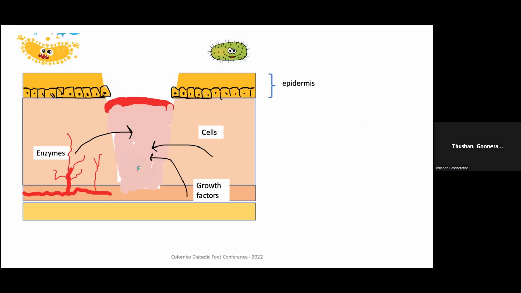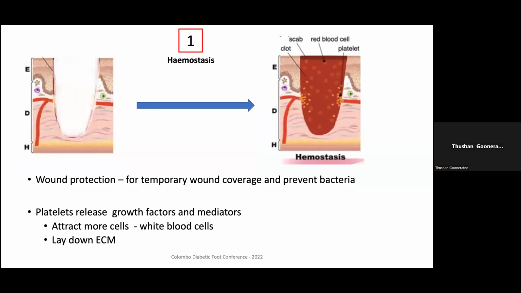In this process, growth factors, enzymes, and cells come into the space to try and attack the bugs that are there and try to fill the space. Ultimately, once that space gets filled, the bugs get destroyed, and the top layer starts slowly coming in. The keratinocytes, from the basal membrane of the top layer, form a new layer, and that grows slowly upwards, and a scar is formed. So this is basically what happens.